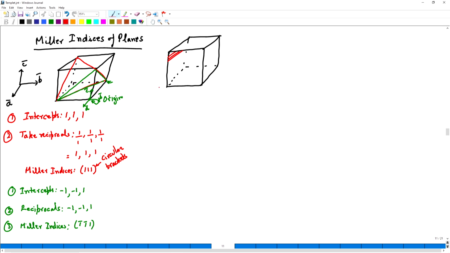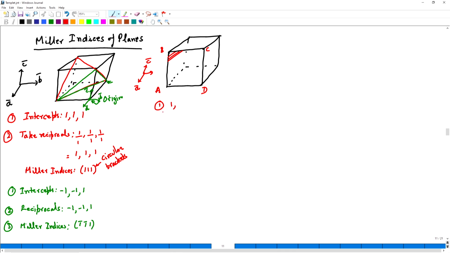In fact, let me label it as well: A, B, C and D. So, this is basically one of the cube faces. What are the intercepts in this case? I have to show my axes: A, B and C. So, it intersects the A axis at 1.